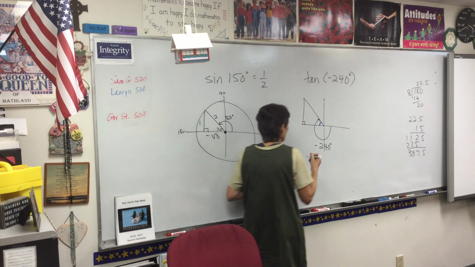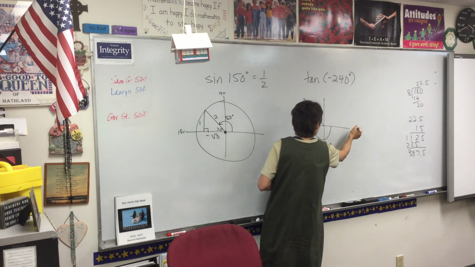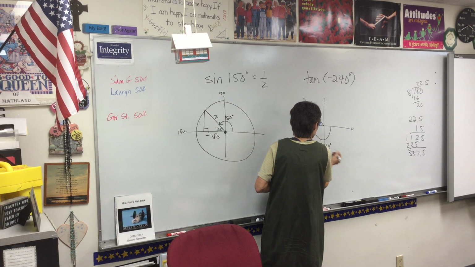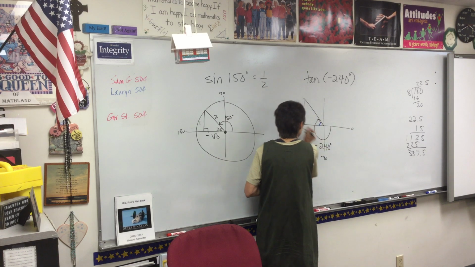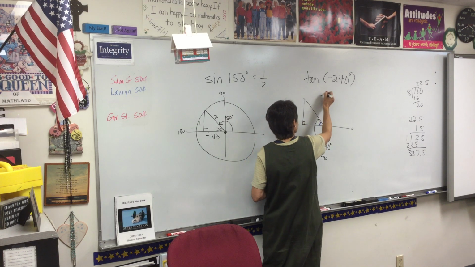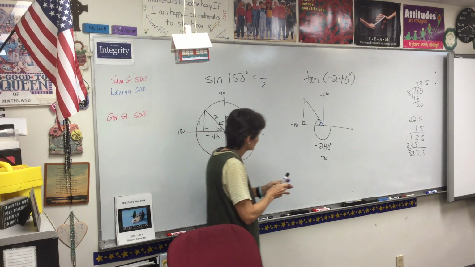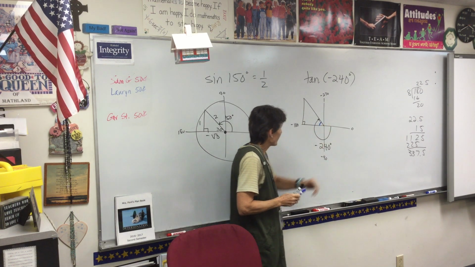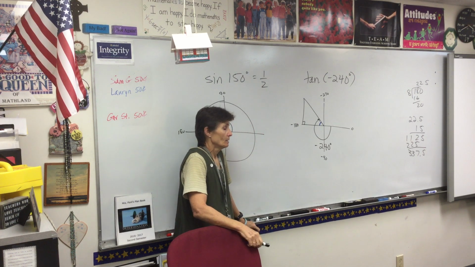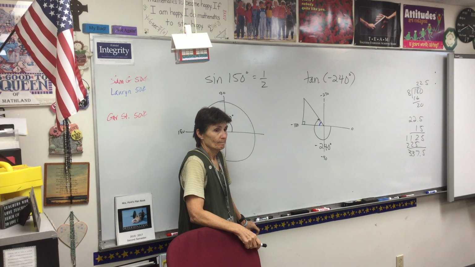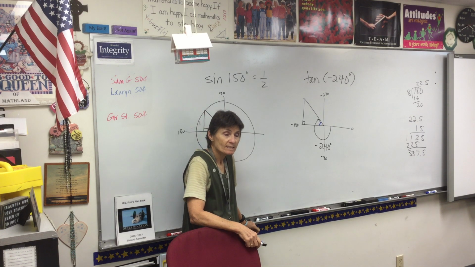This is 0. This is negative 90. This is negative 180. And this is negative 270. We need to figure out how big that blue angle is right there. What do you think? Jacob? 240 minus 180. Exactly. So what is that?